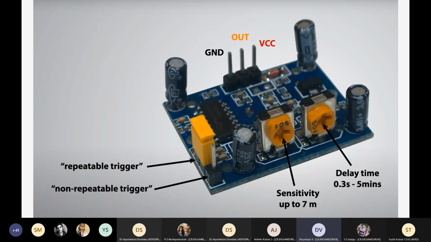Also, this sensor has two potentiometers. One potentiometer adjusts the sensitivity, so we can control at what range it has to detect the object. 7 meters is the maximum range of it, but as the range increases, the accuracy decreases, and we can set the delay from 0.3 to 5 minutes.